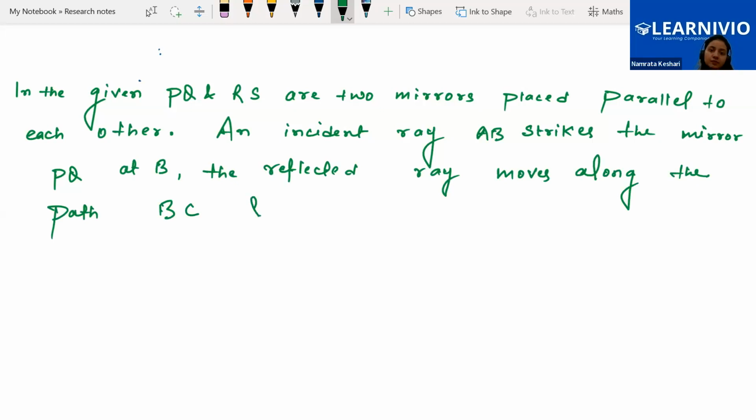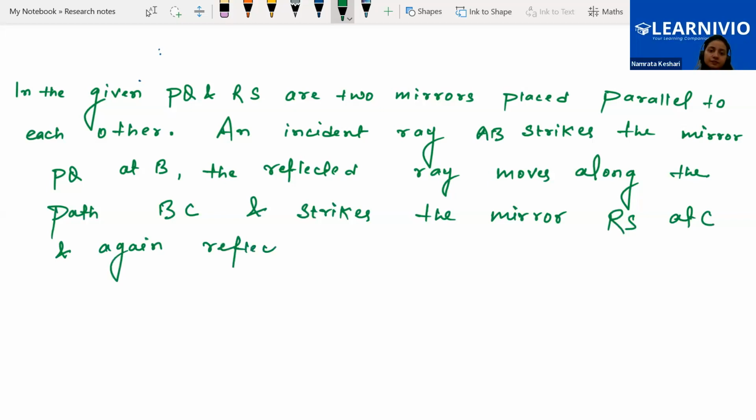and strikes the mirror RS at C and again reflects back along CD.